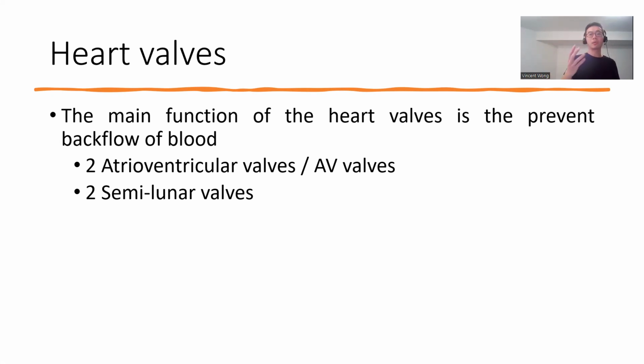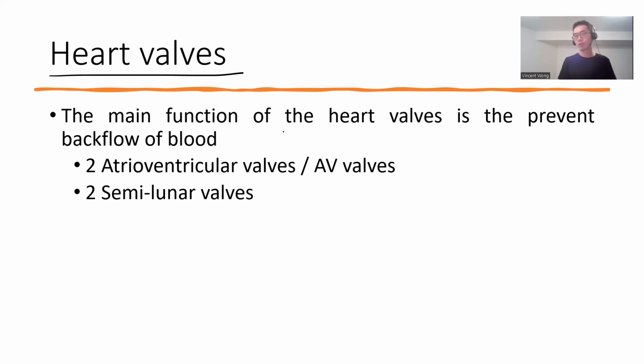If the blood goes backwards, we create a clash between blood going forward and blood coming back, and it creates turbulence, interrupts the flow of blood, and could cause all kinds of problems. So to prevent the backflow of blood, we need to have heart valves.